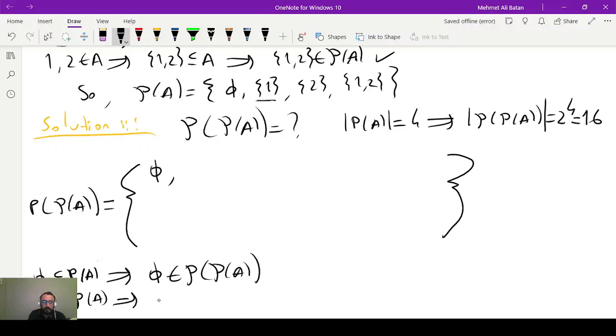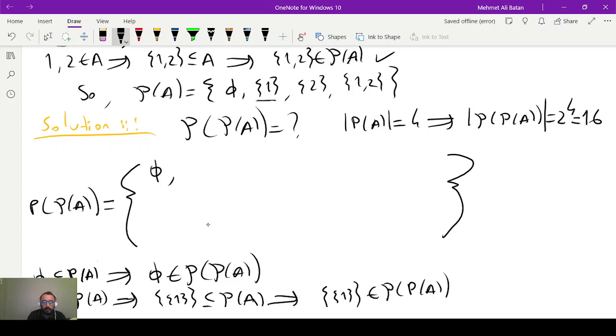This implies the set which contains 1 is a subset of the power set of A, and this implies it is in the power set of A.